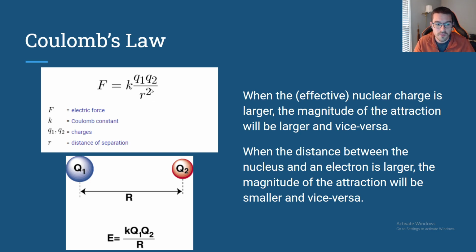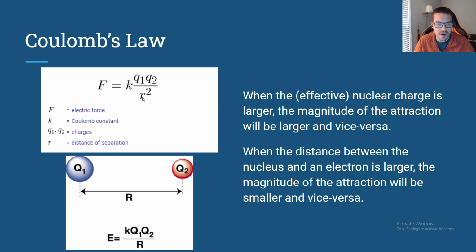One other thing Mr. A wanted me to tell you is that sometimes, and he actually prefers this, we should use D instead of R. It says here R is equal to distance of separation, so why not just use the letter D? This means the distance between the nucleus and the electron that you're talking about.